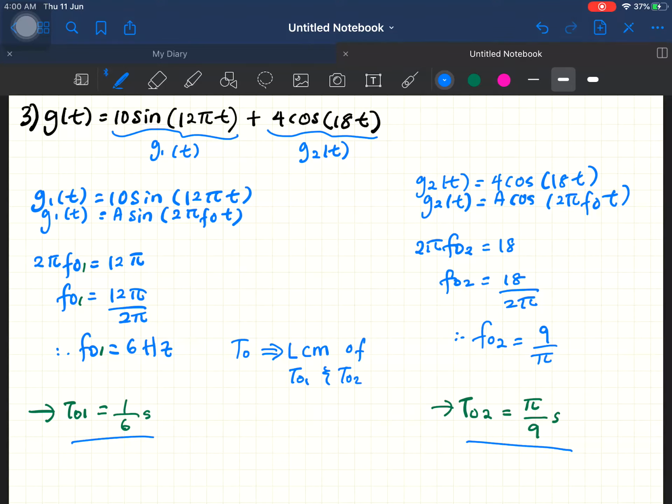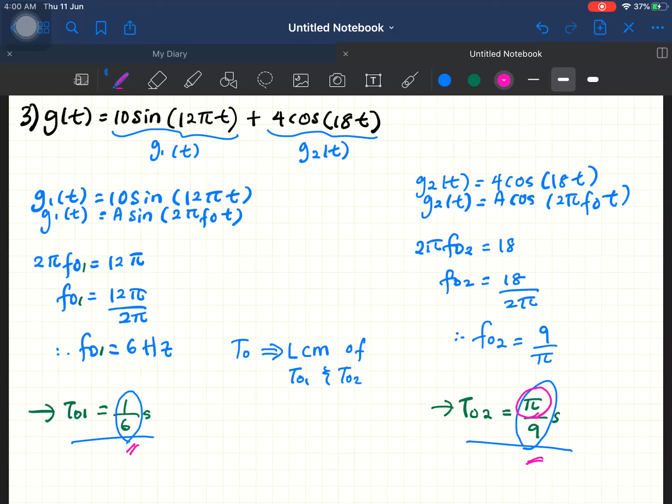And so if you analyze these two numbers, you have non-integers 1/6 and pi over 9. And again, here you have pi, right? But here you don't have pi. So it means you cannot find a single number that can be used to multiply these two numbers in order to make them integers.